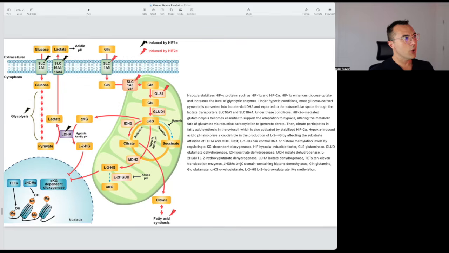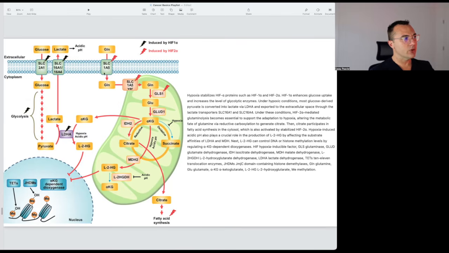Everywhere there's a black lightning bolt or a red lightning bolt, those are proteins that are affected by HIF1 or HIF2 respectively. So we see here glucose transporters, all of glycolysis, and lactate dehydrogenase A, LDHA.